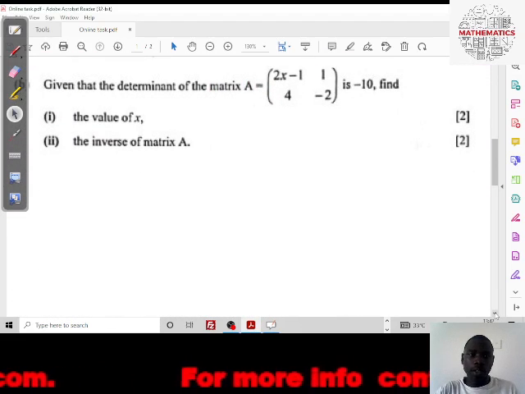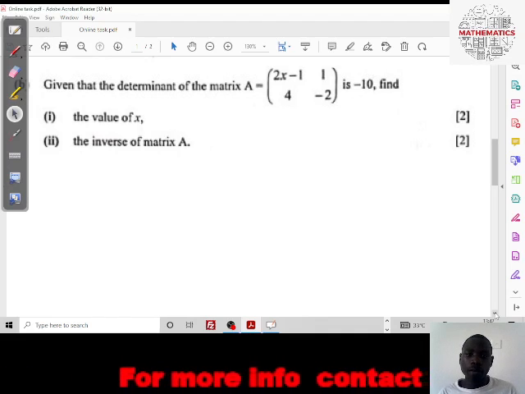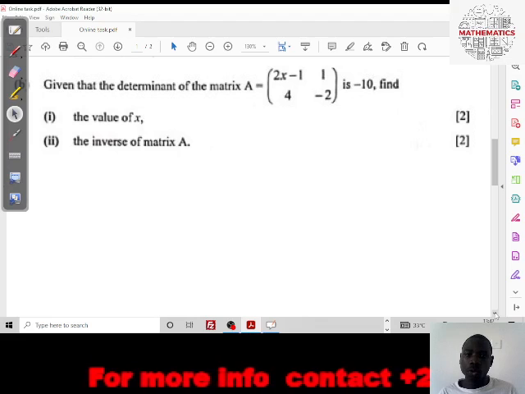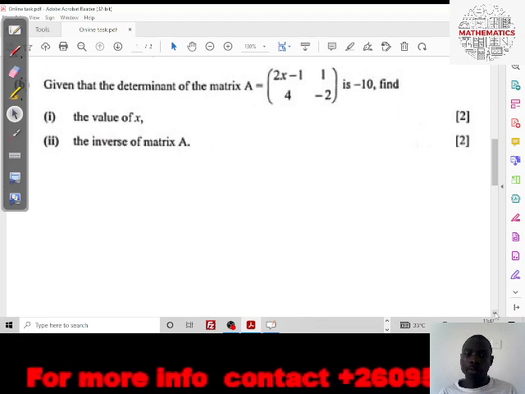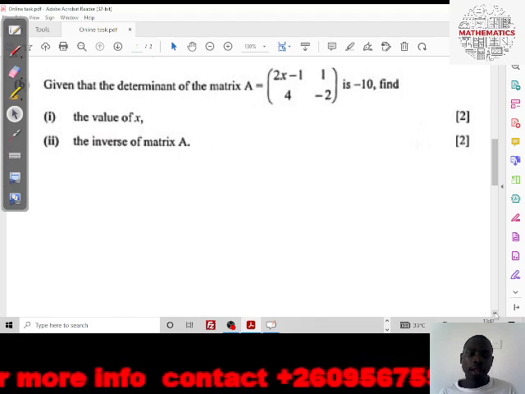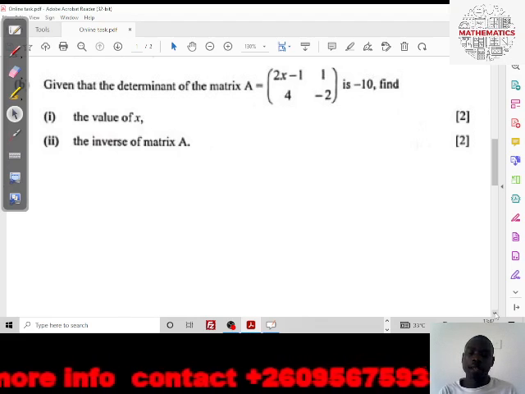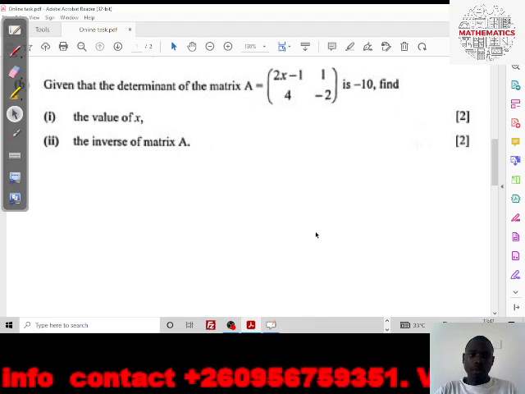This is the question that we have. It says, given that the determinant of the matrix A, with entries 2x minus 1, 4, 1, negative 2, is negative 10, find the value of x and the inverse of matrix A.